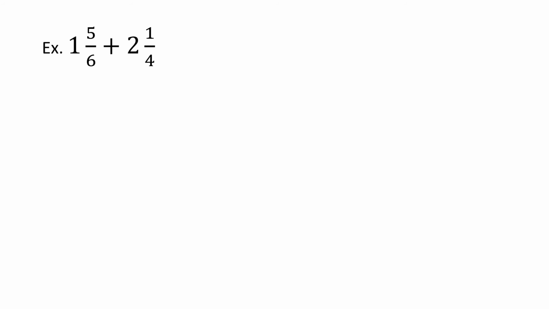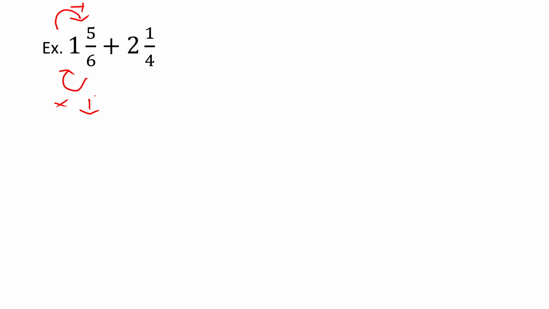Let's try adding fractions. Here we have 1 and 5 over 6 plus 2 and 1 over 4. First of all, change the mixed numbers to improper. Multiply 6 times 1 is 6 plus 5 is what? 11.